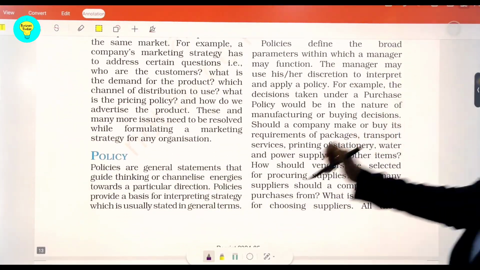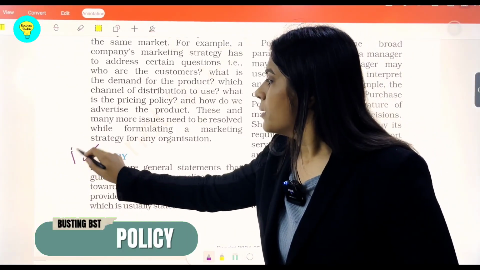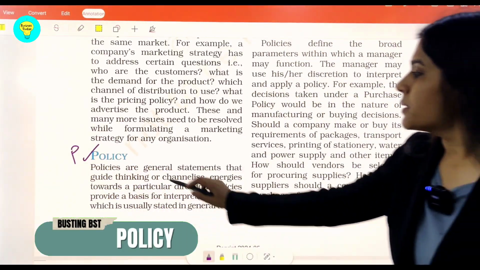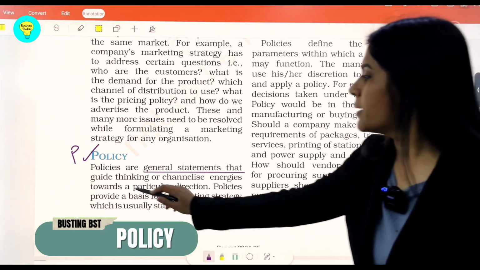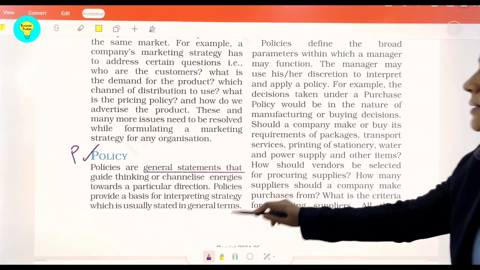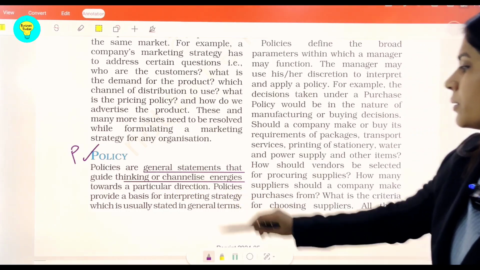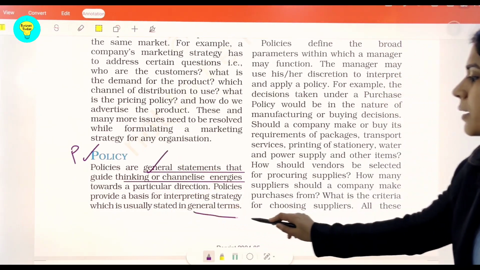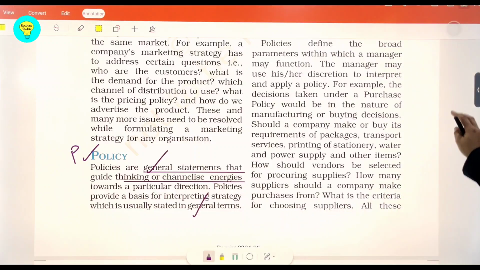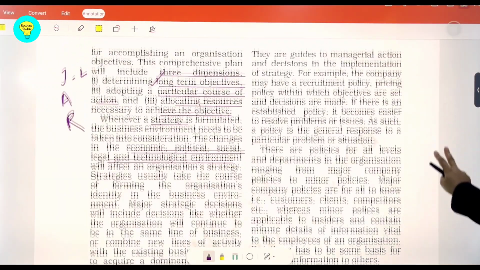Now, next in line is P for policy. So, here we can say policies are general statements that channelize the thinking of an organization in a particular direction. So, these are general statements, they are stated in general terms. Some more things regarding policy.